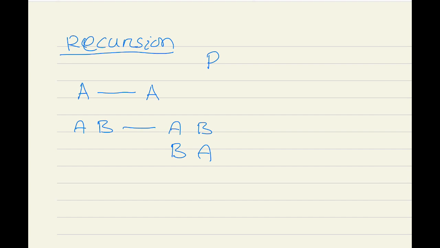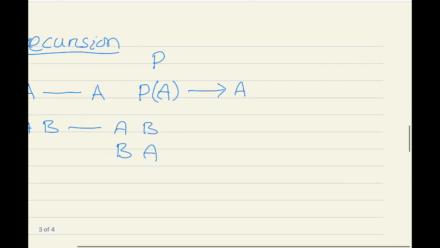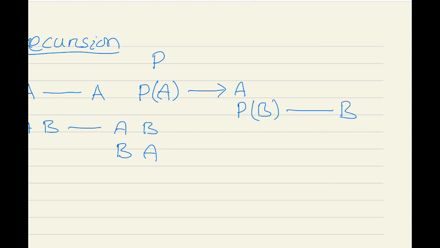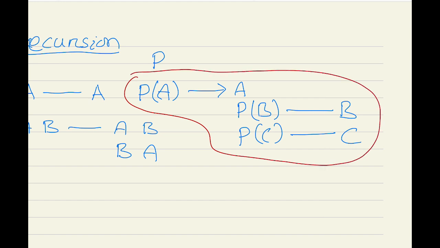For simplicity, we are writing the method name as P. So P of A is going to print A only, because only one permutation is possible, that is A. Similarly, P of B is going to print only B, because if only one character B is given, then only one permutation is possible, and that is B. Similarly, if we consider one character C, the output should be C. So P of A equal to A, P of B equal to B, P of C equal to C, where P is the method name.